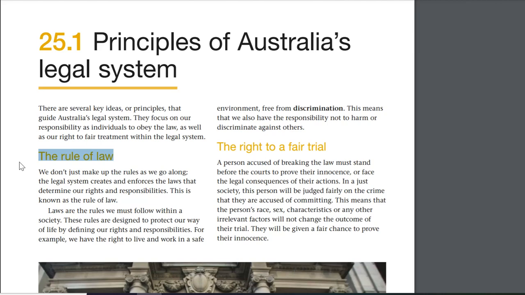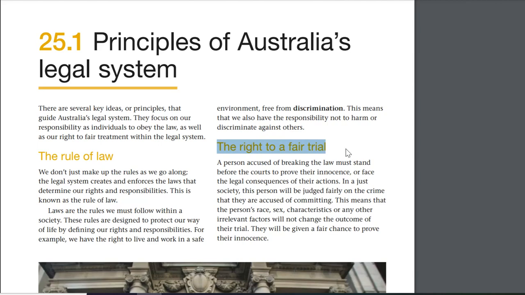This is known as the rule of law. Laws are the rules we must follow within a society. These rules are designed to protect our way of life by defining our rights and responsibilities. For example, we have the right to live and work in a safe environment, free from discrimination. This means that we also have the responsibility not to harm or discriminate against others.